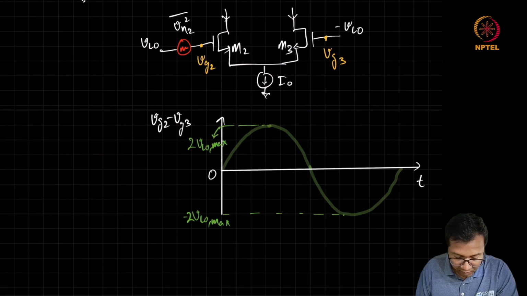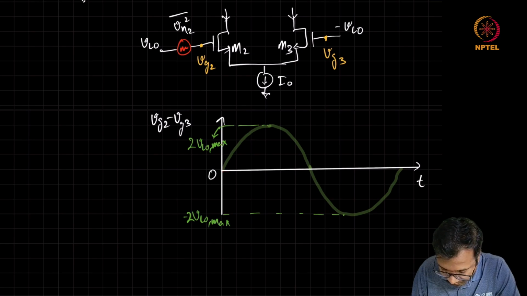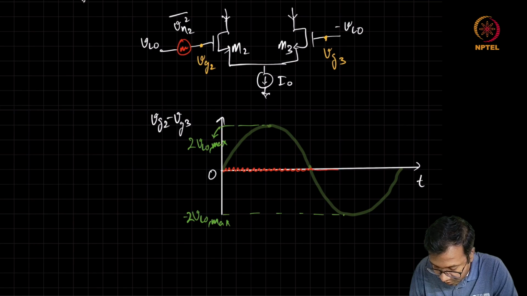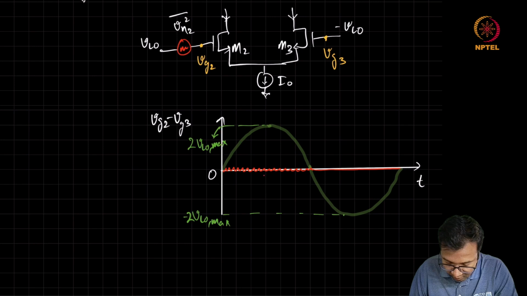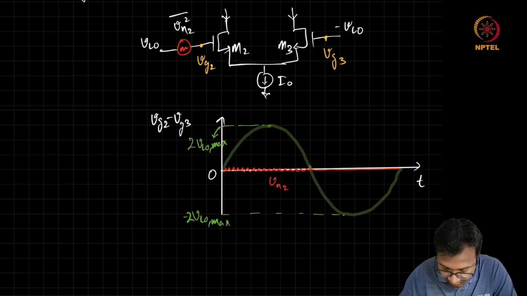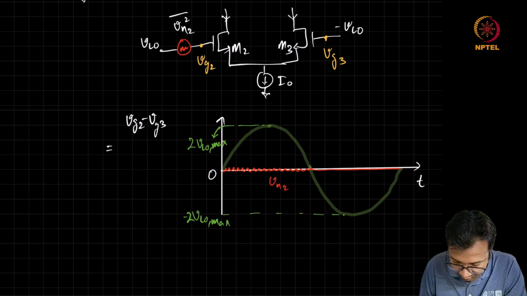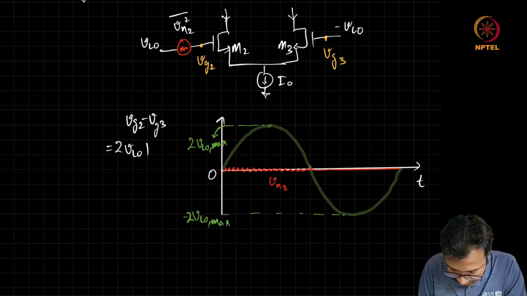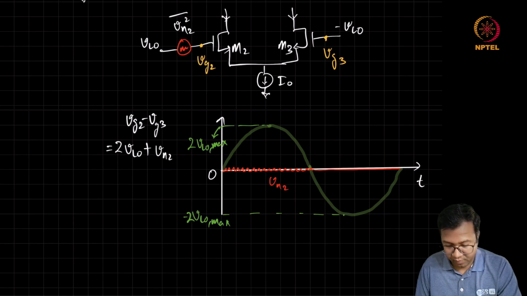And when we add this noise VN2 on top of this, the net result is going to be that we will get VG2 minus VG3 equal to 2 VLO plus VN2.